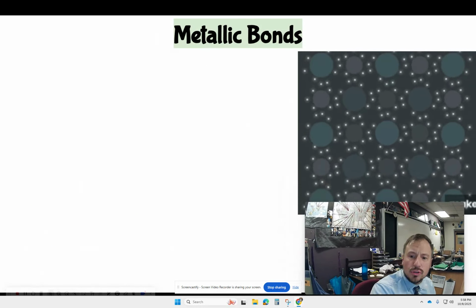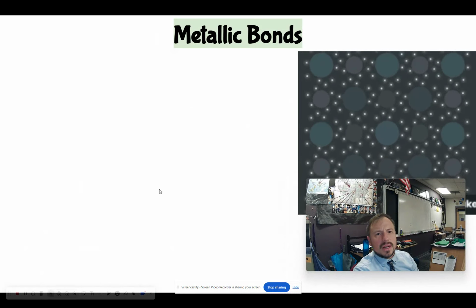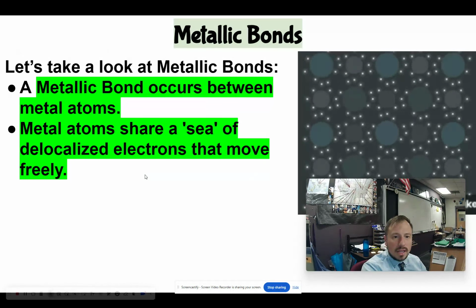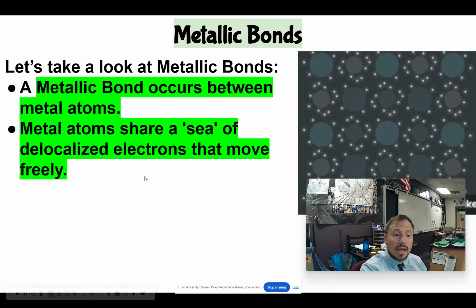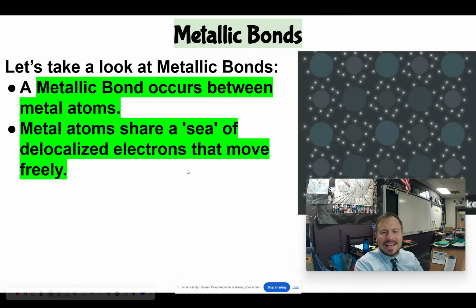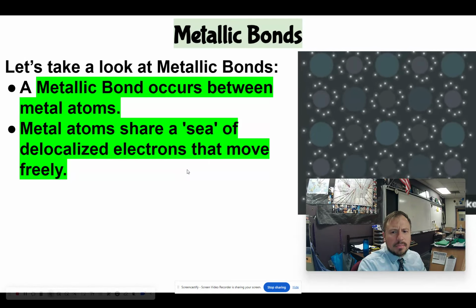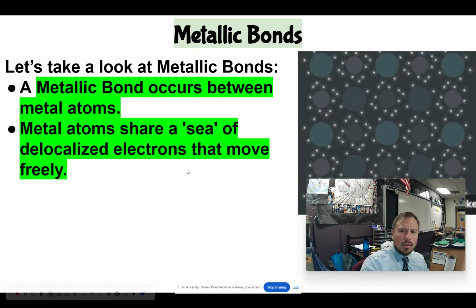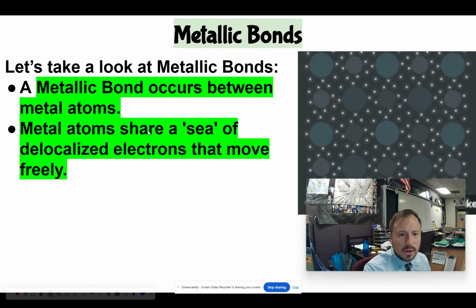Now, the last 2 things we need to talk about, these are like special cases. So metallic bonds occur between metal atoms. Now, metal atoms share a sea of delocalized electrons that move about freely. We're not talking about, it's kind of like sharing, but it's not like, hey, I'm sharing with this one other atom. It's, hey, they belong to like everyone. They're sort of free floating. They're centralized.